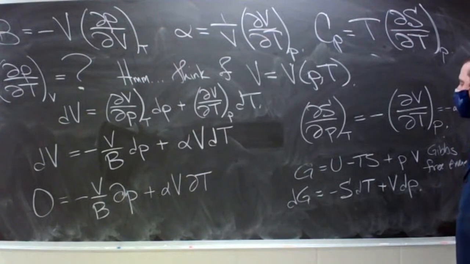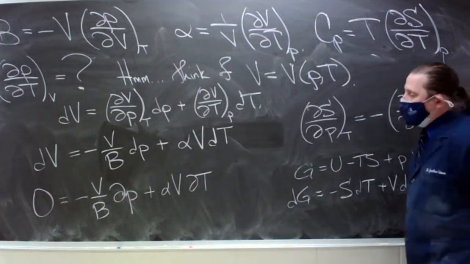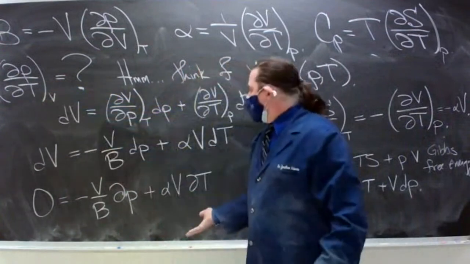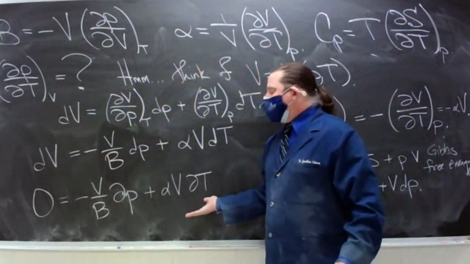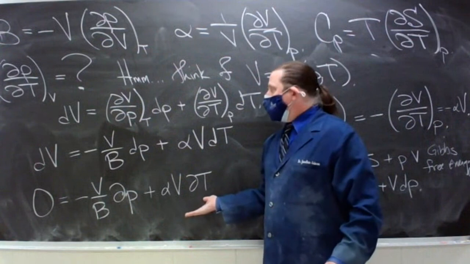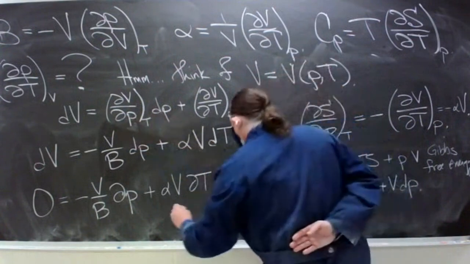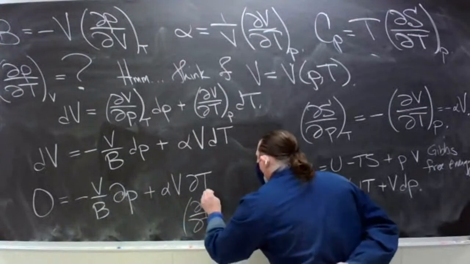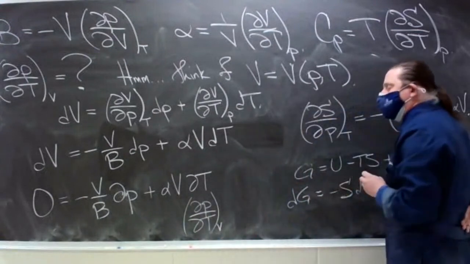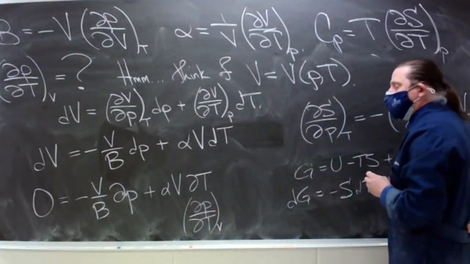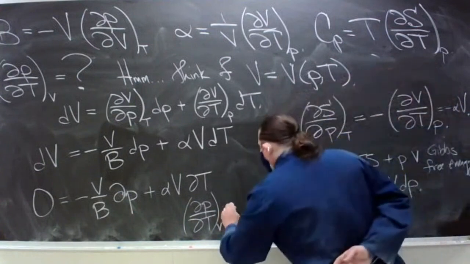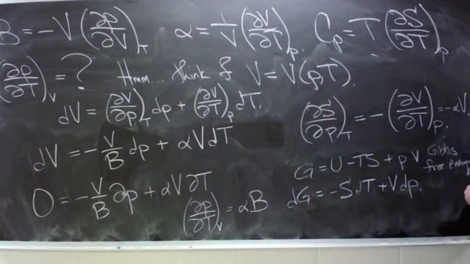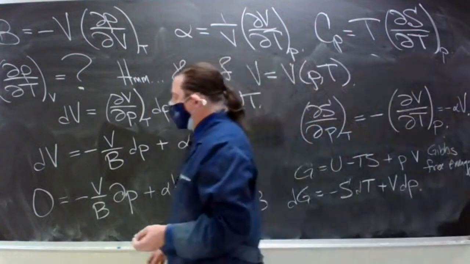And now in order to determine my derivative, all we have to do is divide by dT. All right? So dP by dT at constant volume is equal to alpha B. All right?